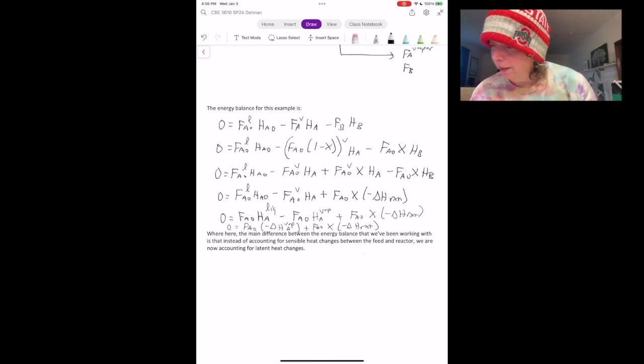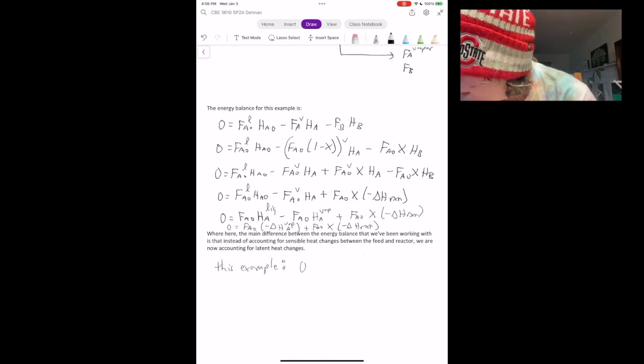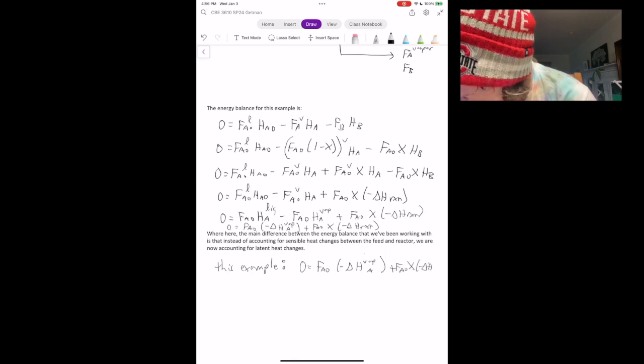Note that the main difference between this energy balance and what we've been working with is that instead of accounting for the sensible heat changes between the feed and the reactor, we are now accounting for the latent heat change. So in this example, our energy balance is 0 equals FA0 negative H of vaporization for species A plus FA0 X times negative heat of reaction.